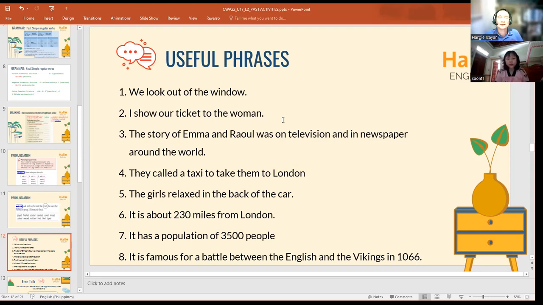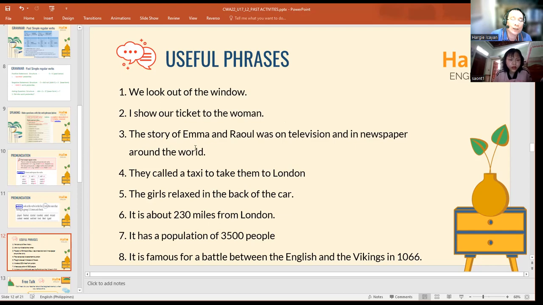The man buys two tickets and shows one to the woman beside him. Or maybe for inspection, when you are going to the cinema, you buy a ticket first, and then when you enter the cinema, you have to show your ticket. Okay.